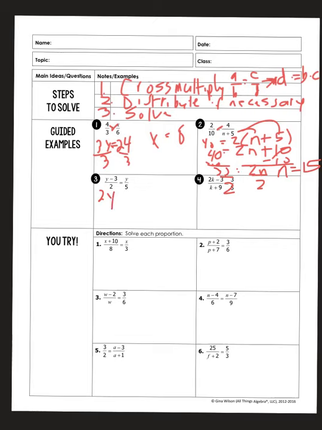Number 3. 2 times y is 2y. And 5 times y minus 3 is 5 parentheses y minus 3. If I distribute, it's 5y minus 15 equals 2y.